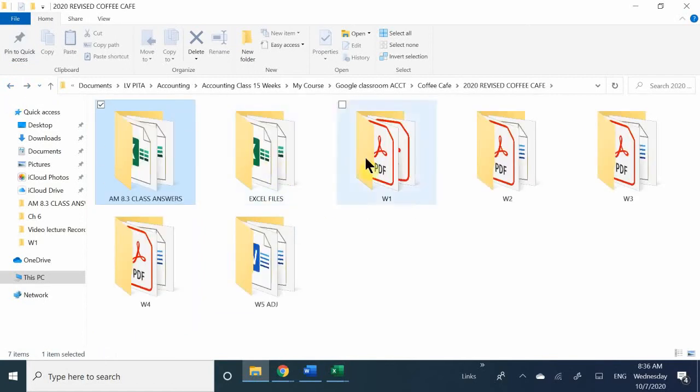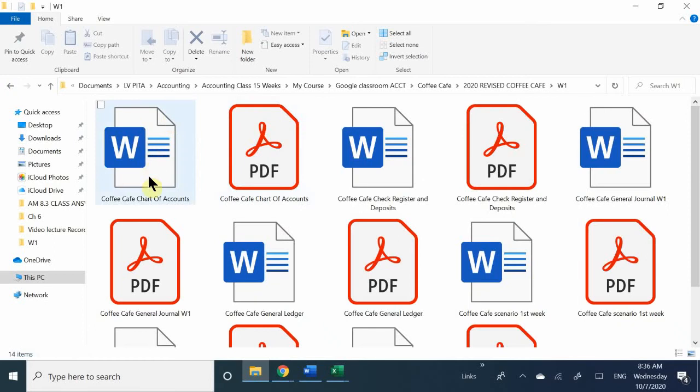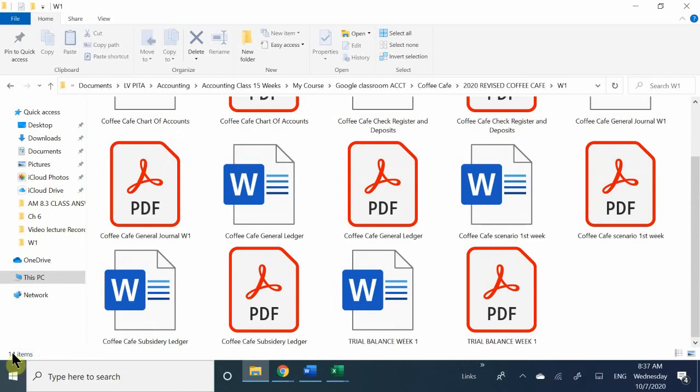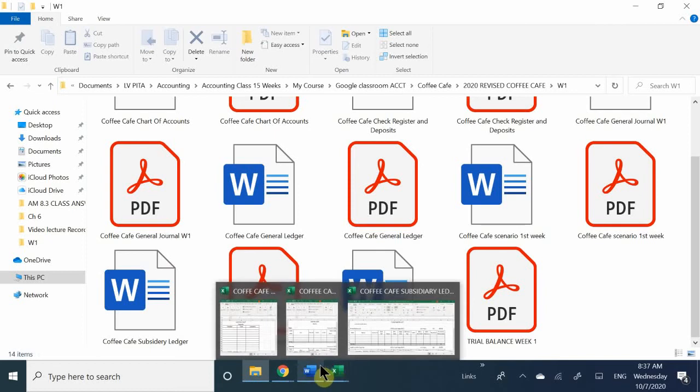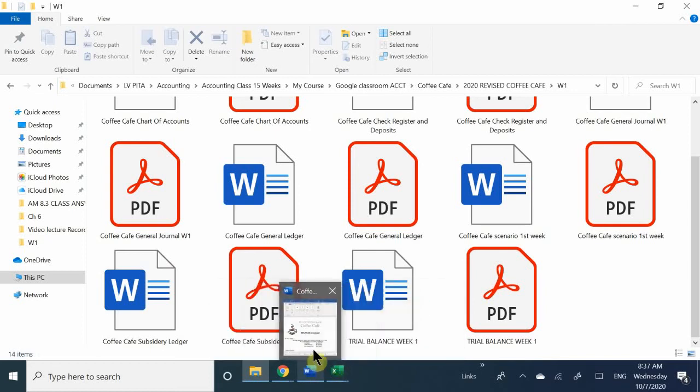Okay, so yeah, you're going to need your chart of accounts, your check register / deposits, and your purchase orders. You need your general journal and your general ledger, as well as your subsidiary ledger.